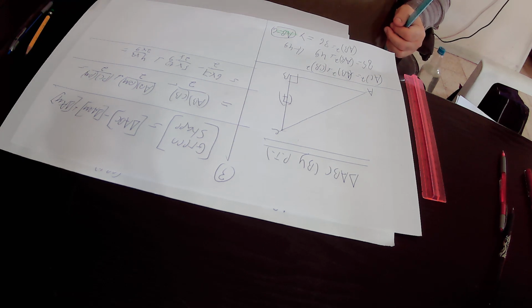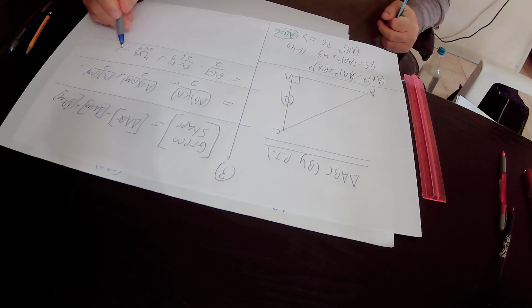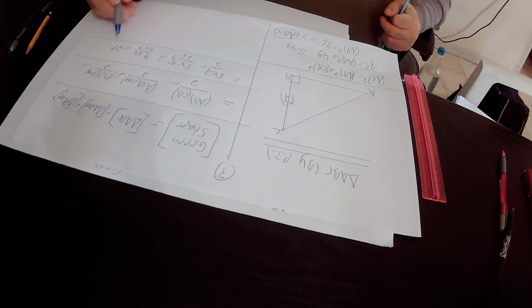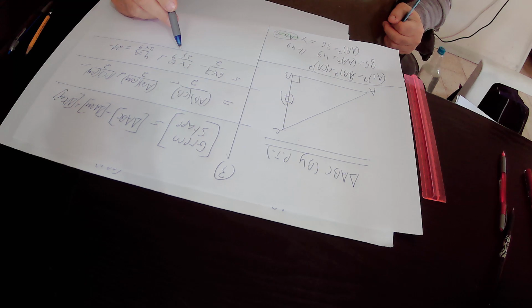So here the area of the big right triangle ABC equals 6 times 7 over 2. 6 times 7 is 42 and 42 over 2 is 21. So the area of the big right triangle ABC equals 21 square units. The area of the white triangle AQM equals this expression.